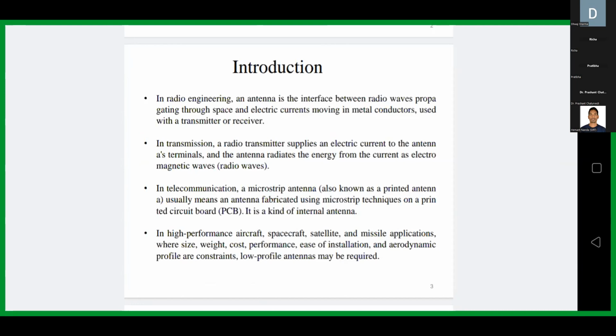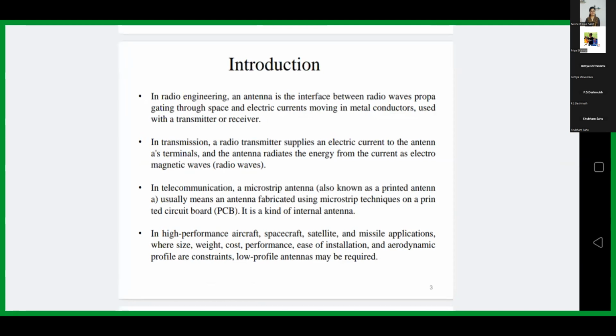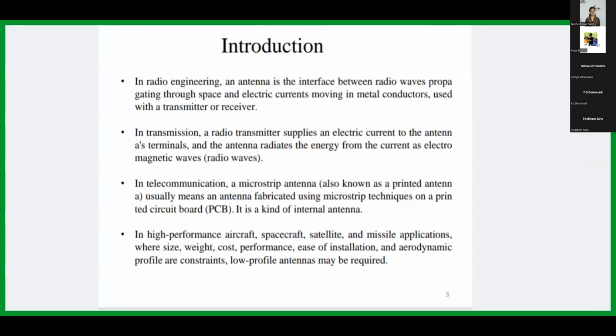Next, the introduction. In radio engineering, an antenna is the interface between radio waves propagating through space and electric current moving in a metal conductor, used with a transmitter or receiver. In transmission, a radio transmitter supplies an electric current to the antenna terminals, and the antenna radiates the energy from the current as electromagnetic waves.